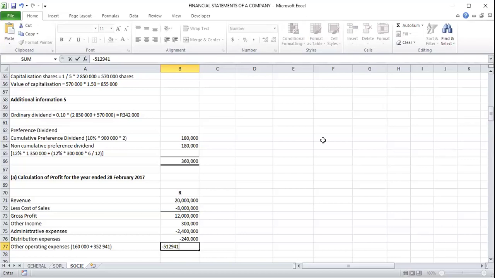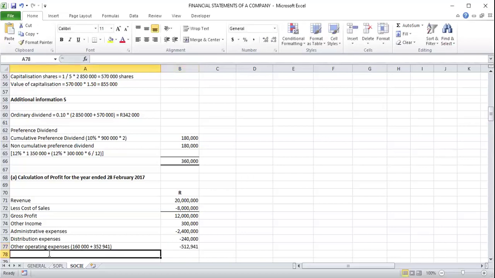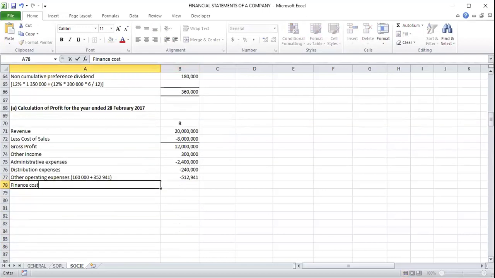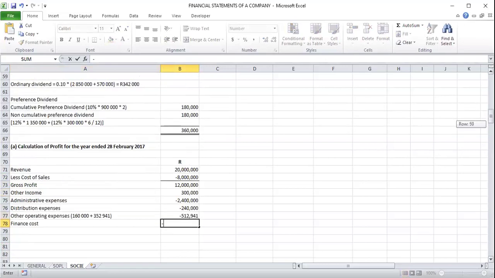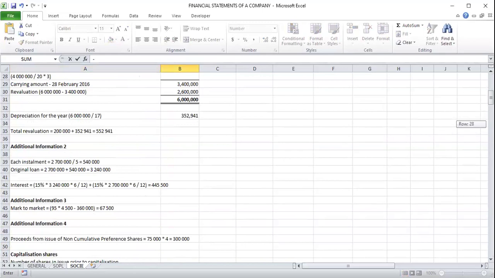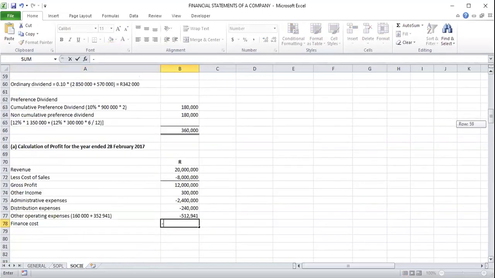Right. Then we have our finance cost, which is our interest, which we calculated on additional information number 2, which was 445,500.